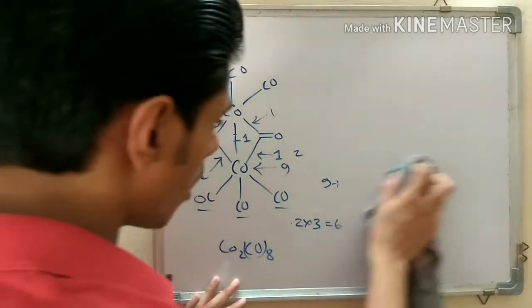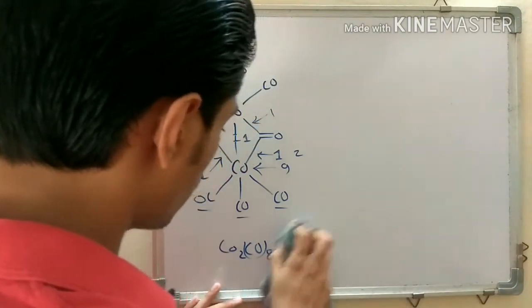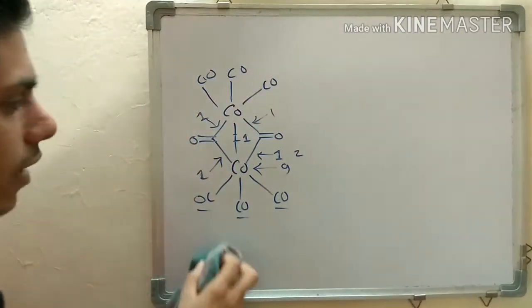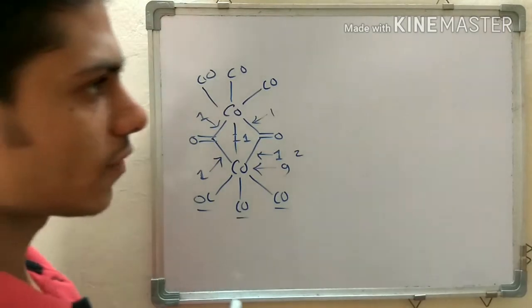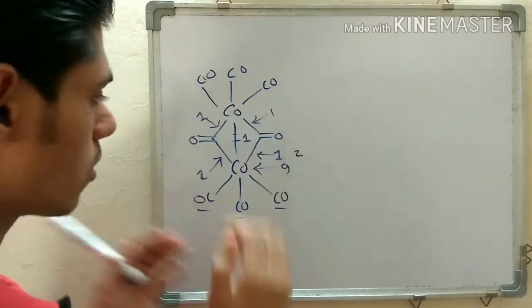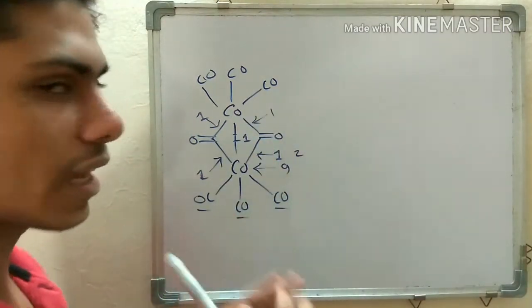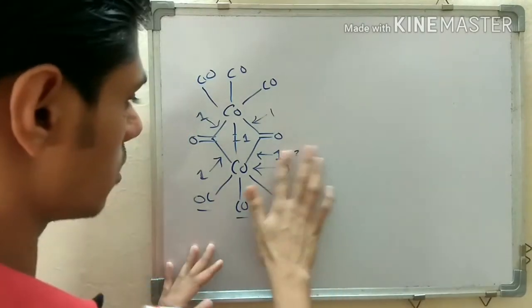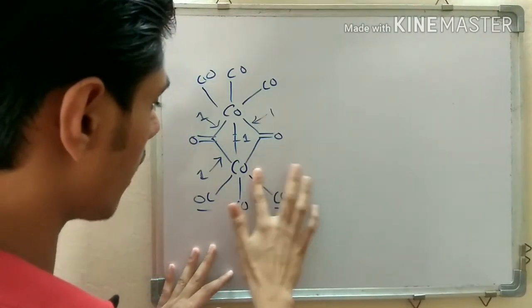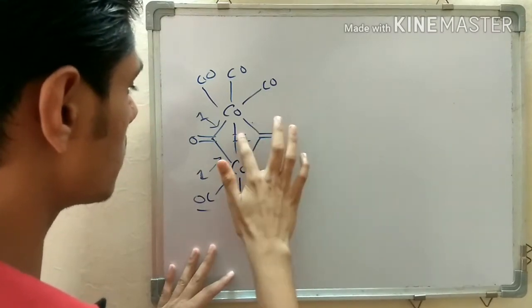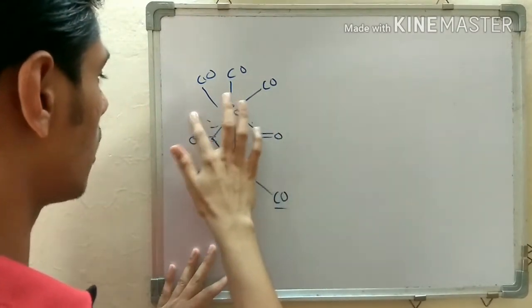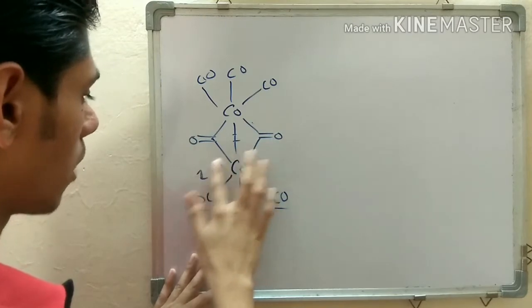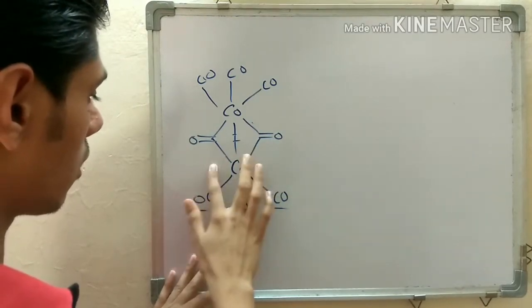Now an 18 electron compound cannot spontaneously undergo any addition or insertion reaction, because it is already stabilized. If it takes another ligand, it will be unstable, because that would lead to a 20 electron species. So before reaction, it has to lose one of its carbonyl groups.